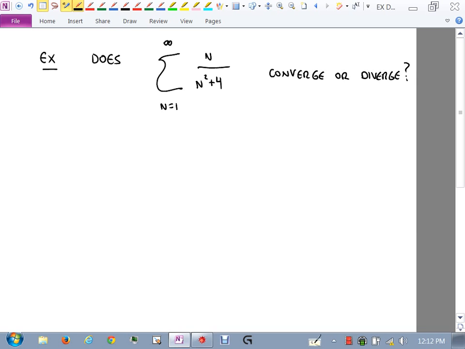The nth term test says, look in here, let n go to infinity. What happens if you let n go to infinity in there? Infinity over infinity. L'Hopital's rule one time: 1 over 2n. So it goes to 0. So that whole thing, the sequence, goes to 0. What does that tell you? Nothing. I'm going to take this one kind of slow.